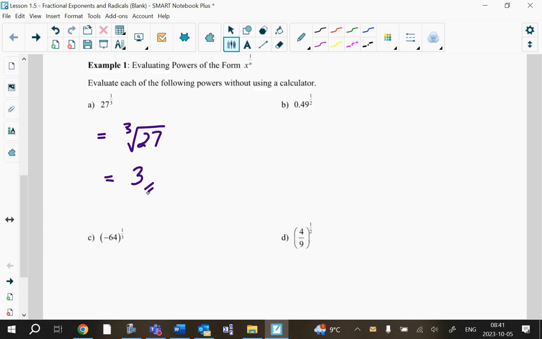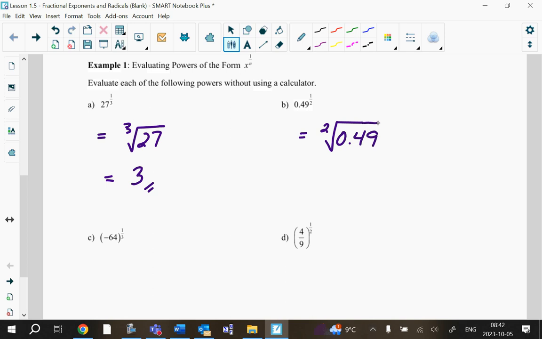How would I write this using a radical? No one? Sorry? Correct. And what does that mean?